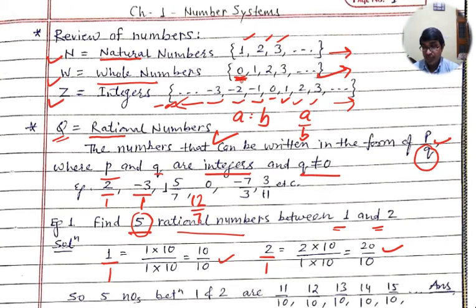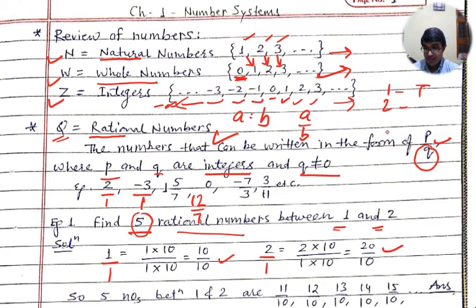So is every natural number a whole number or not? Every natural number, 1, 2, 3, is there in whole numbers, so we can say every natural number is a whole number. This is true. So your first statement is true.